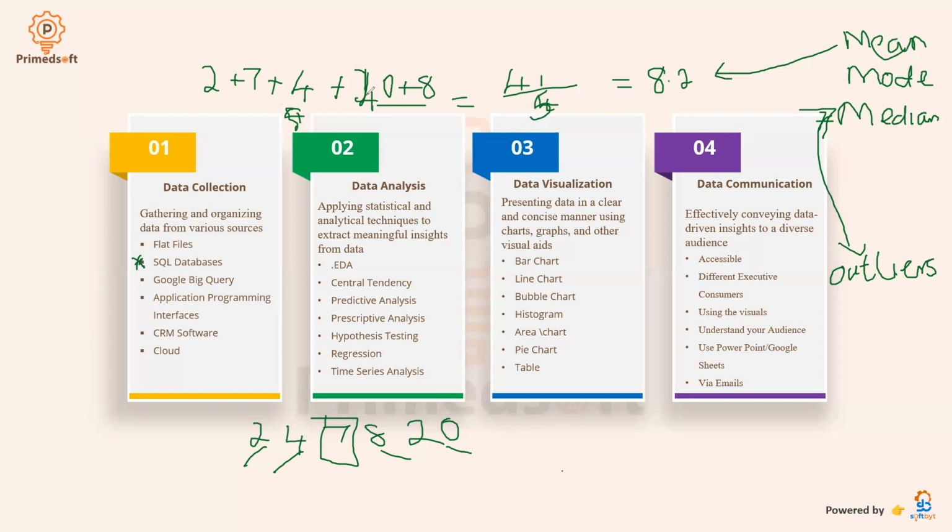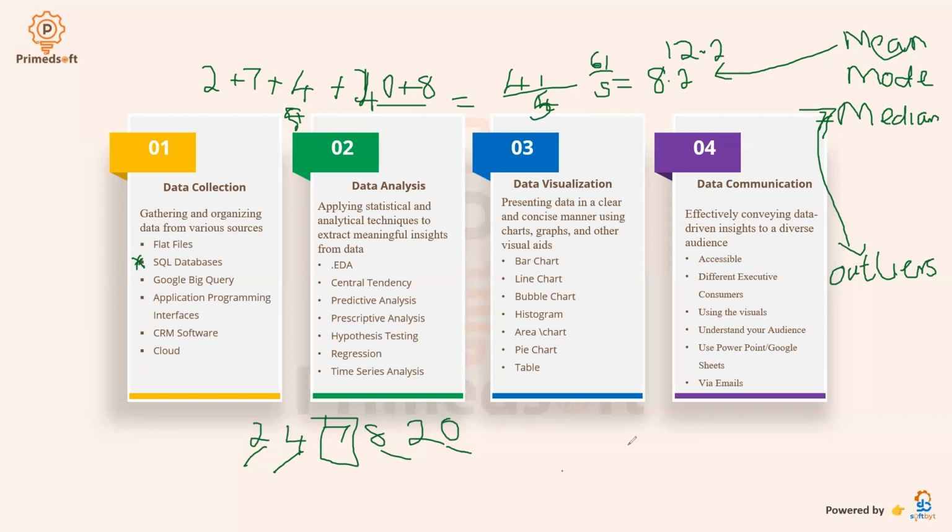Instead of 41, it will be 61. Divided by 5, that gives us 12.2.